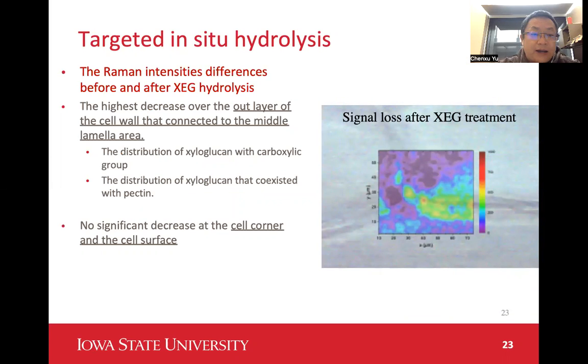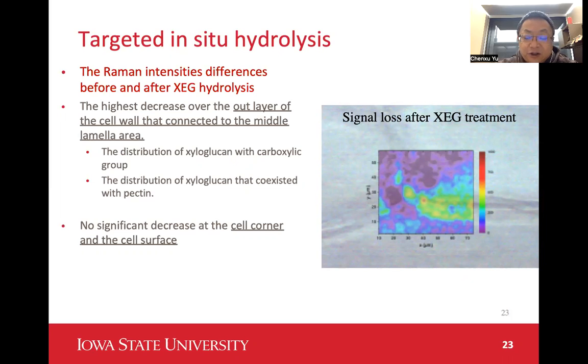By analyzing the data collected by generating these chemical images, based on the intensity change, we can clearly identify that the highest decrease happens at the outer layer of the cell wall that connects to the middle lamellar area.